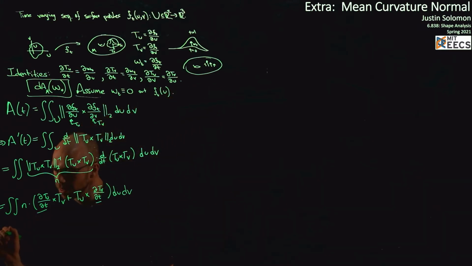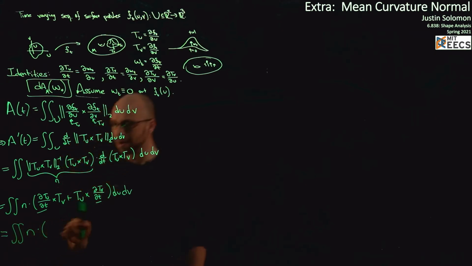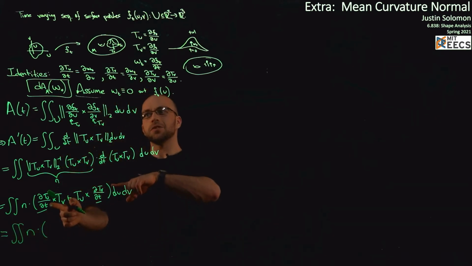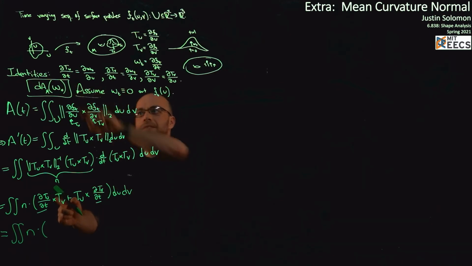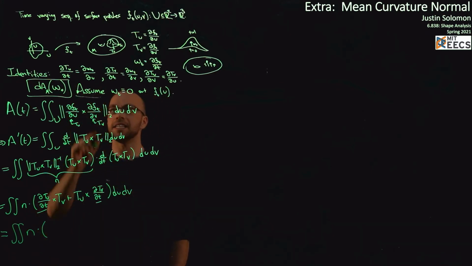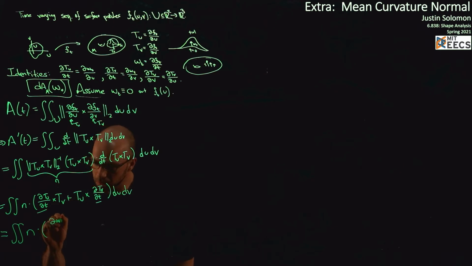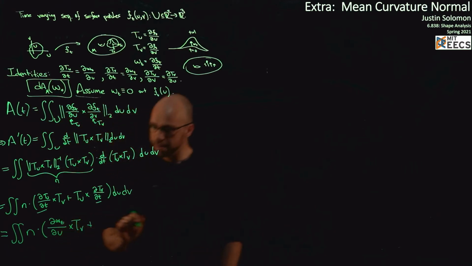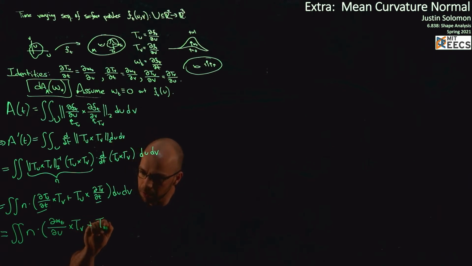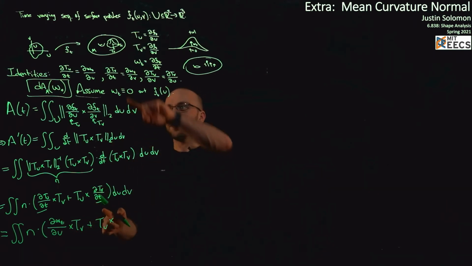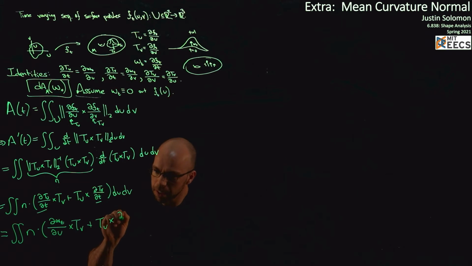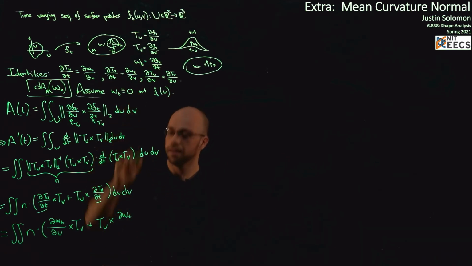In particular, this is equal to the double integral of the normal to the surface dot product. So we have dt_u/dt, which is here, right? So this is the same as dw/du cross product with t_v, plus t_u cross product, and now we have this other derivative, dw/dv.